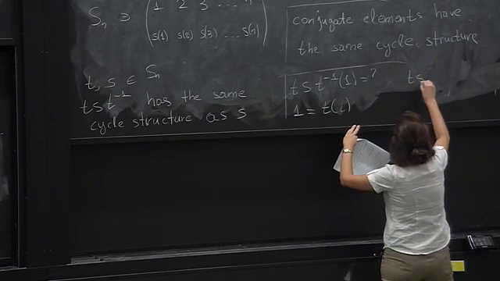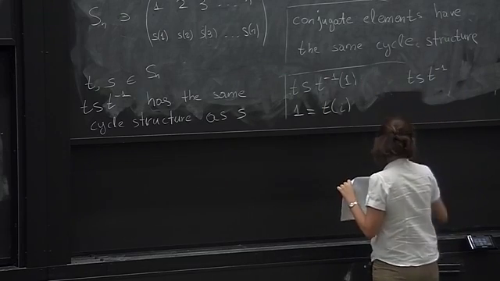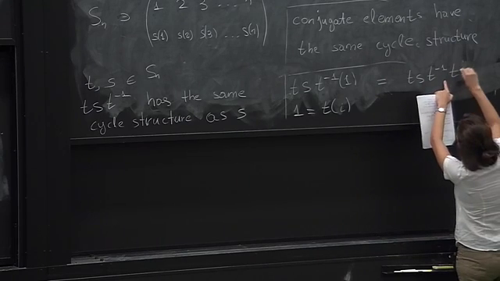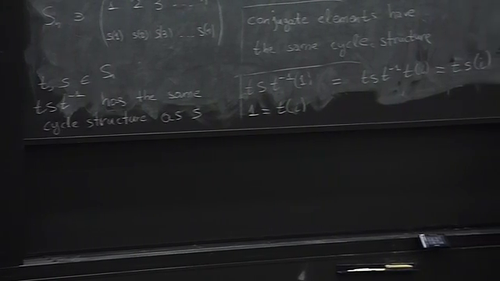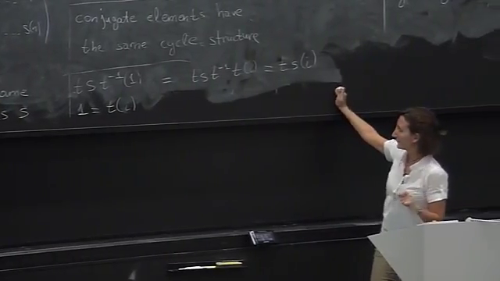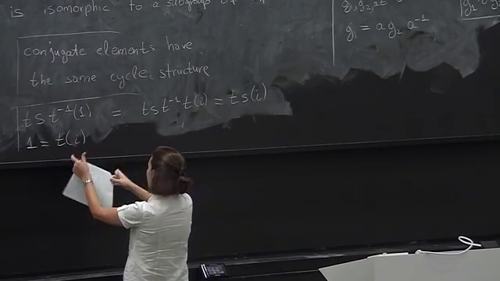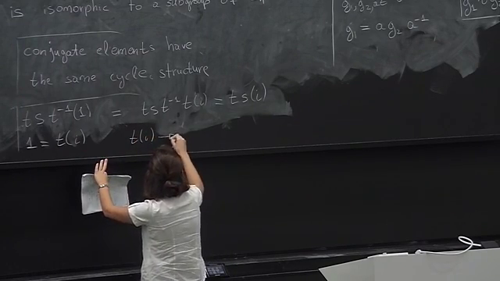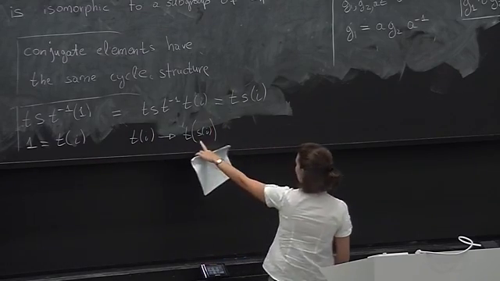So TS, T inverse of 1 is just TS, T inverse of T of I, which is just TS of the element I. So this thing, TS, T inverse, takes us from T of I to T of S of I. How about T of S of I?